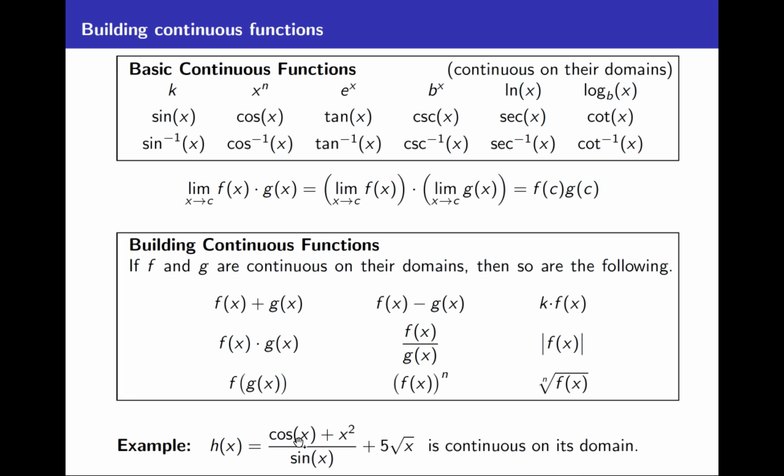Why? Because look, it's built up out of continuous functions. Cosine of x was one of our basic continuous functions, plus x squared. That was a basic continuous function. So cosine x plus x squared is continuous. Sine of x is continuous. The quotient of those two is guaranteed to be continuous. Then you're adding on a 5 times square root of x.